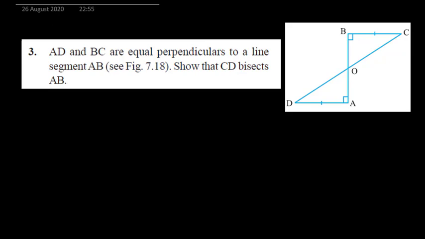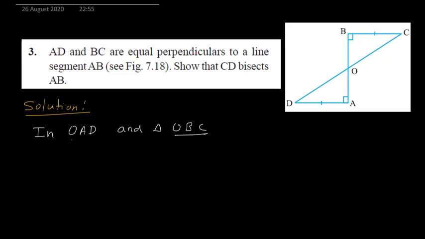Again, what is given, what is to find, write yourself. I will start with the solution. So in the solution, I will take triangle OAD and triangle OBC. Now how have I named the triangles? See that this angle O and this angle O are going to be equal because they are vertically opposite angles.